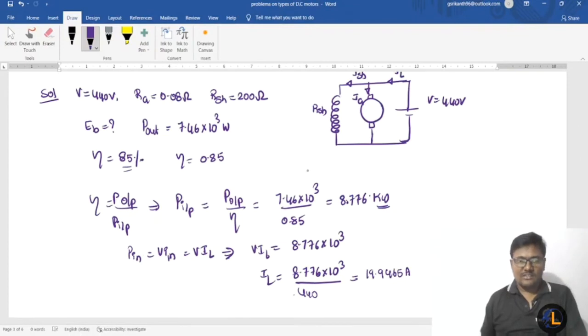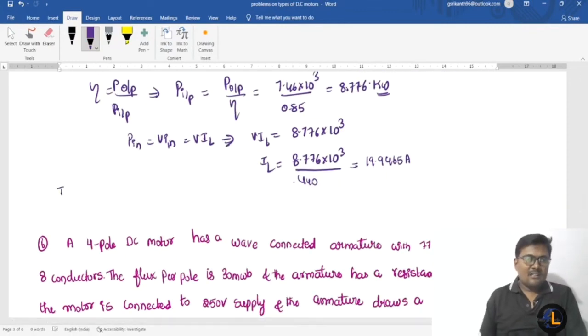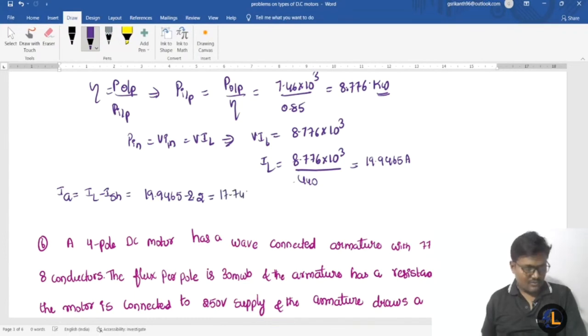So how is I_SH calculated? I_SH is equal to V by R_SH. V is 440 and R_SH is 200. That should be equal to 2.2 amperes. Then I_A is equal to I_L minus I_SH: 19.9465 minus 2.2, which gives 17.7465 amperes.